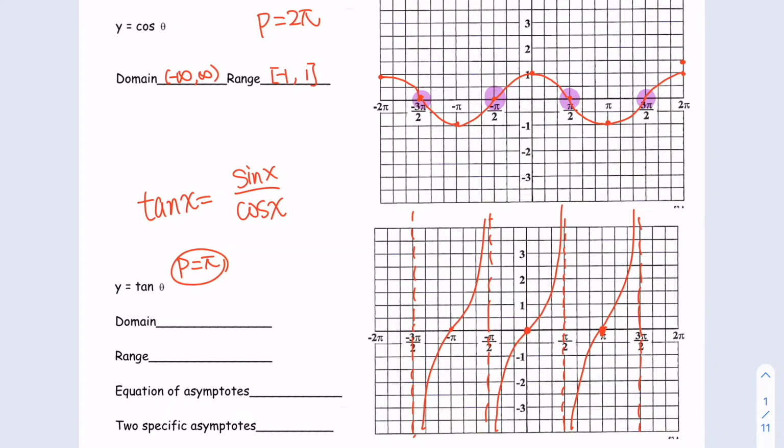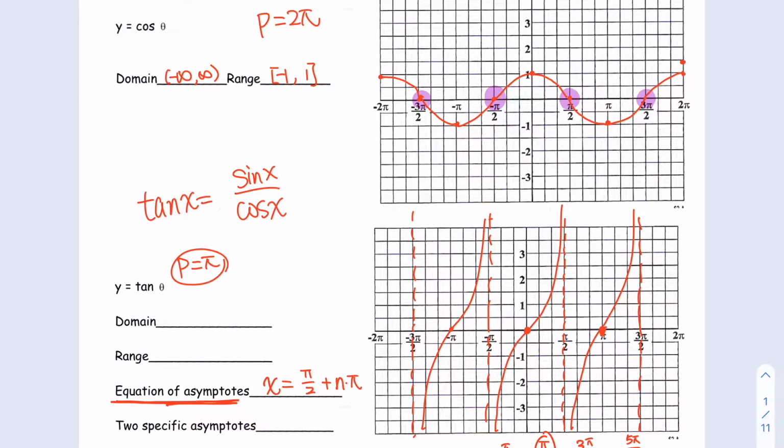The domain is for the x values. If you look at the x value, x can be anything except the vertical asymptotes. How do we write the equation of the asymptotes? So x is vertical, so x equals what? If you look at the values, it's pi over 2, negative pi over 2, 3 pi over 2, 5 pi over 2. So it will be pi over 2 plus n times pi.